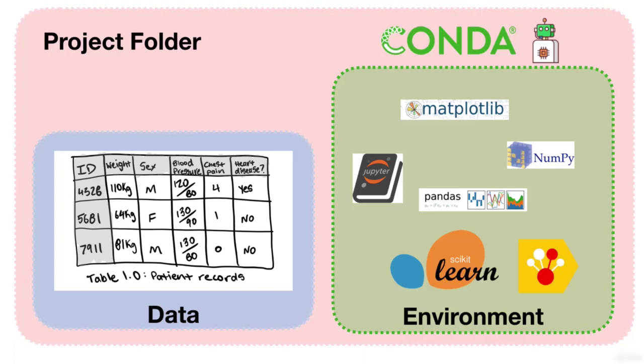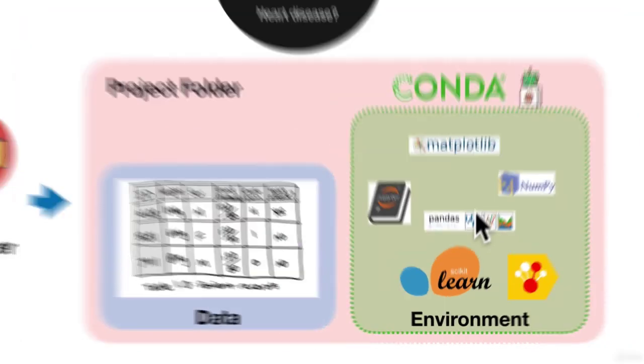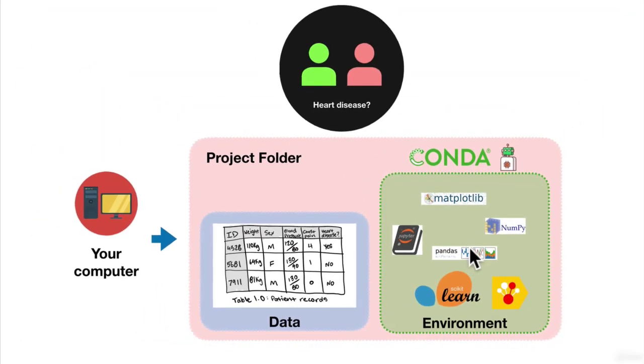After a little bit of experience, we know there's a collection of tools we might want to use, such as Pandas and Matplotlib for data analysis. A collection of tools or packages is called an environment. We use Conda to create the environment and then use it again to install different packages, data science and machine learning tools to it. Then, every time we work on our project, say classifying heart disease, we use the tools within our environment.